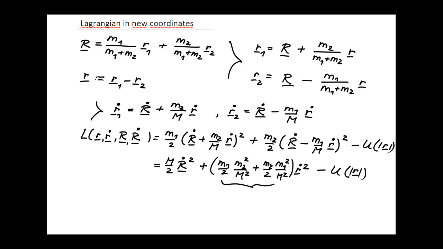What is left is 1/2 m1 m2 divided by capital M. And this is precisely what we defined as the reduced mass on the previous page. That's how you obtain the formula on the previous page.